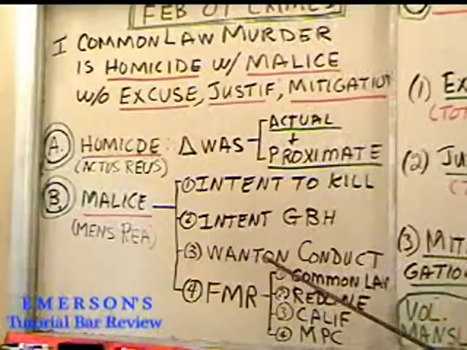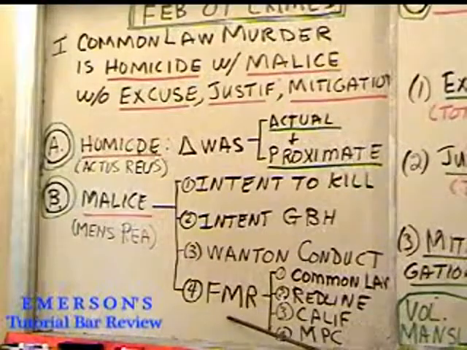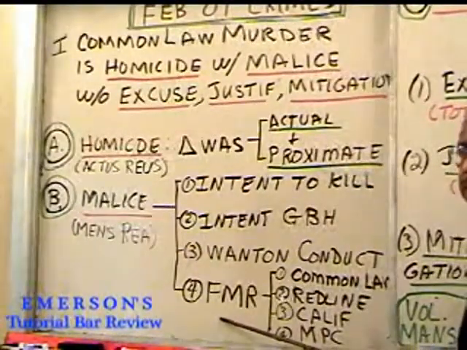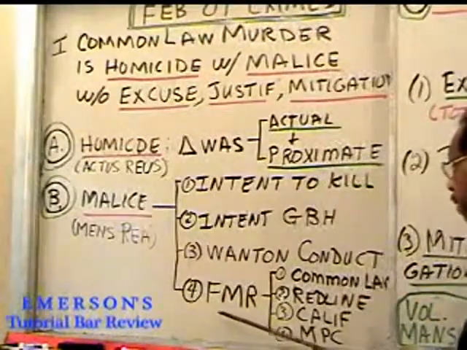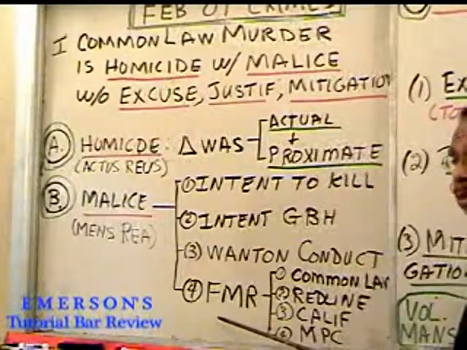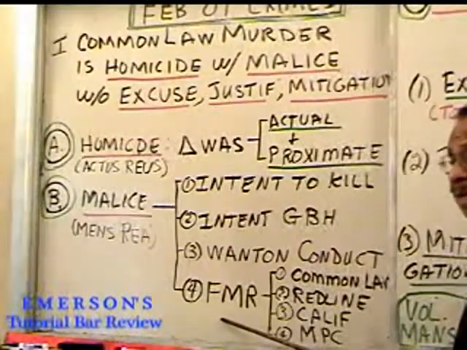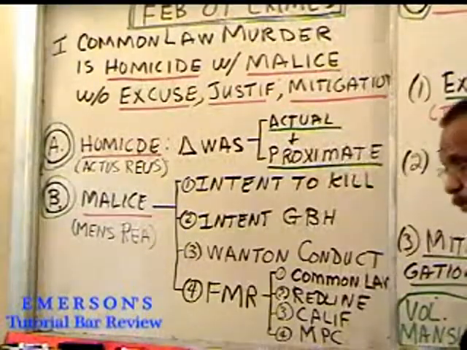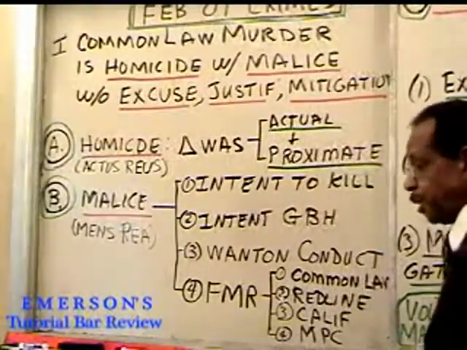And finally the felony murder rule. If someone is killed during and because of the commission of one of the inherently dangerous common law felonies, we apply the felony murder rule. When the felony murder rule works, you end up getting first-degree murder, that's one of the ways to get to first-degree murder.